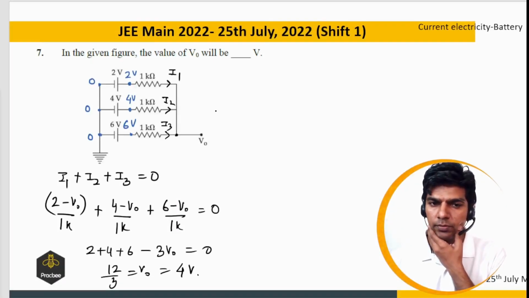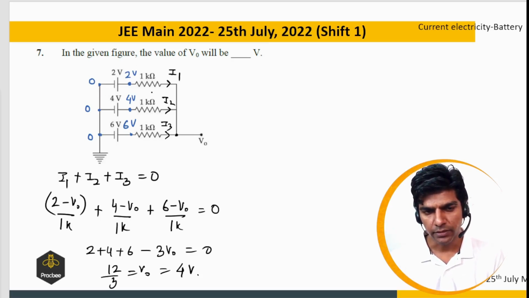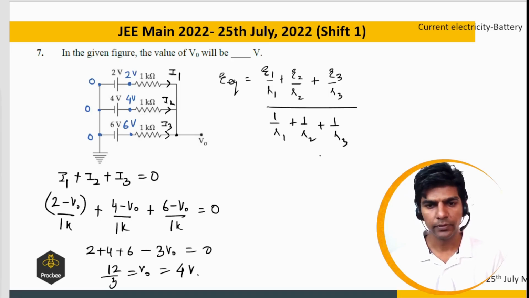So the same problem can also be solved by using the concept of cells in parallel. So if you look at these three, these are three real cells which are connected in parallel. So the equivalent EMF will be E1 by R1 plus E2 by R2 plus E3 by R3 divided by 1 by R1 plus 1 by R2 plus 1 by R3.